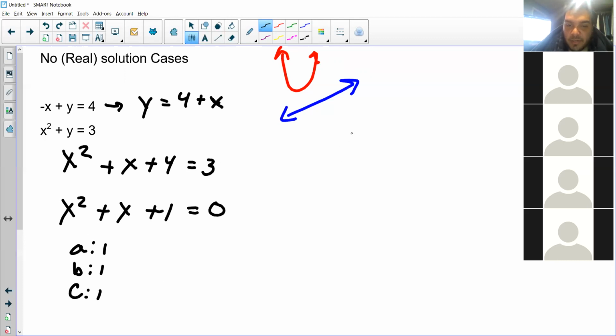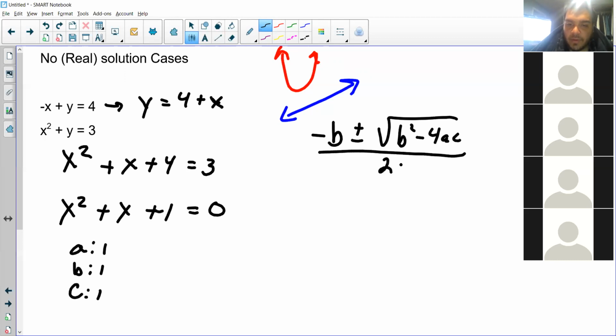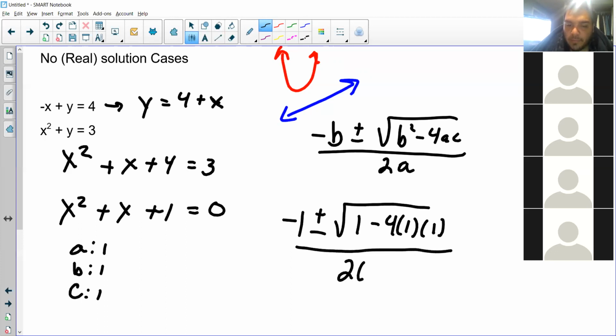If you don't remember it, negative b plus or minus the square root of b squared minus 4ac over 2a. So what we get is -1 plus or minus the square root of 1 squared, which is just 1, minus 4 times 1 times 1, which will just be 4, over 2 times 1, which is just 2.